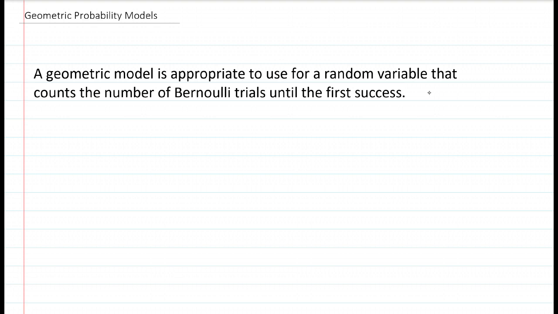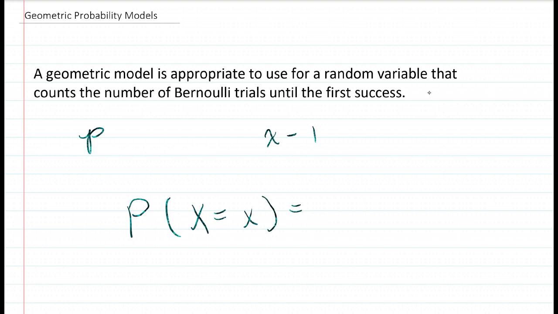Geometric models are specified by one parameter, which is p, the probability of success. Since achieving the first success on trial number x requires first experiencing x minus 1 failures, the probabilities are easily expressed by this formula: P(x) = q^(x-1) times p.